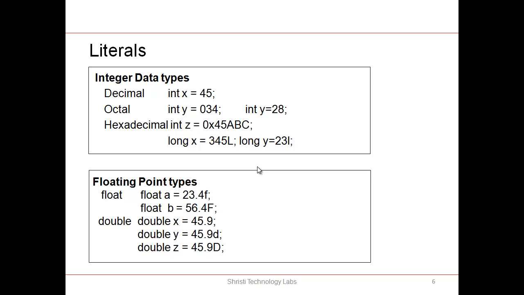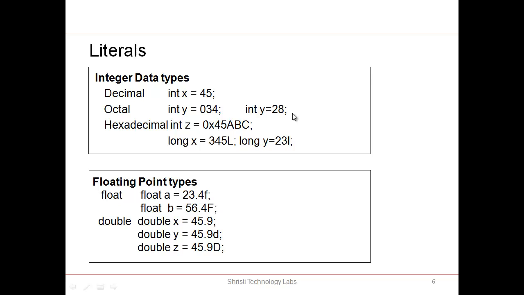I have declared y as an octal number. So the value is int y is equal to 034. 34 is not a decimal number, it is an octal number. The equivalent decimal value for 034 is 28, which is also represented here. So this is an octal number, this is a decimal number.